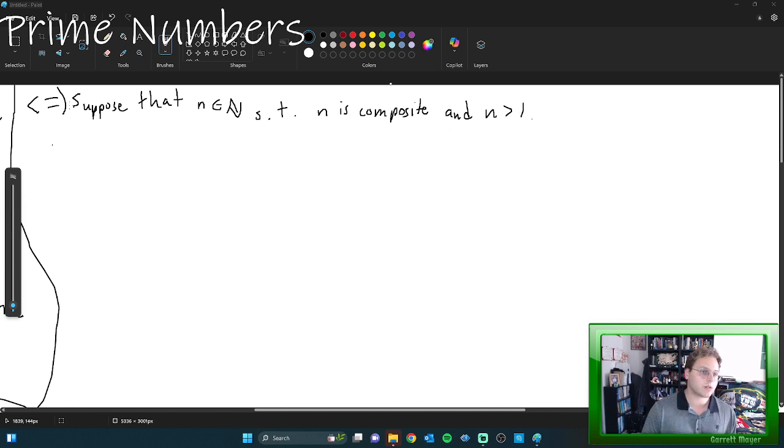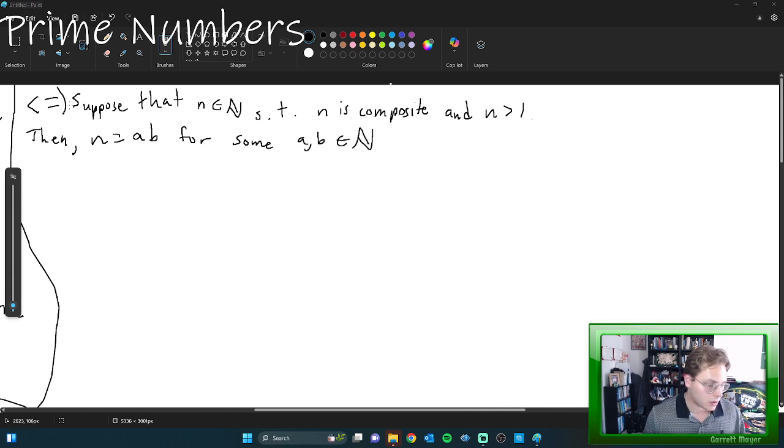Okay, so n is a natural number such that n is composite and n is greater than 1. Then n equals ab for some a, b that are naturals where a and b are greater than 1.